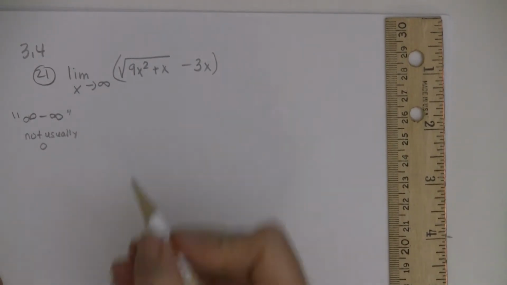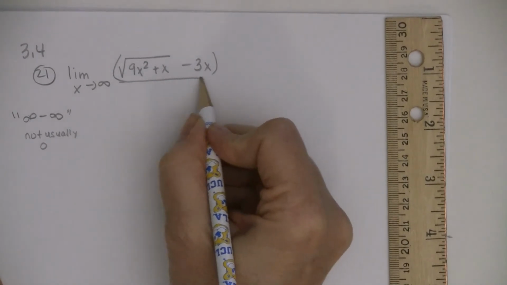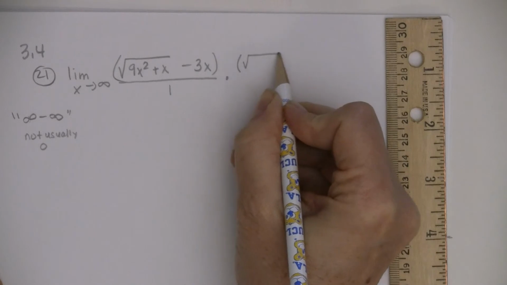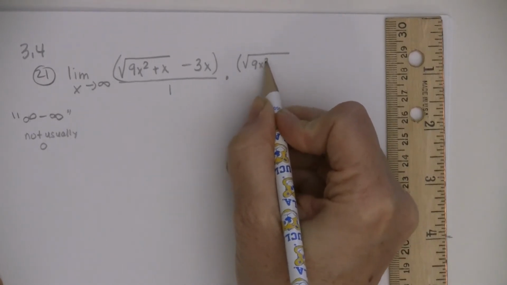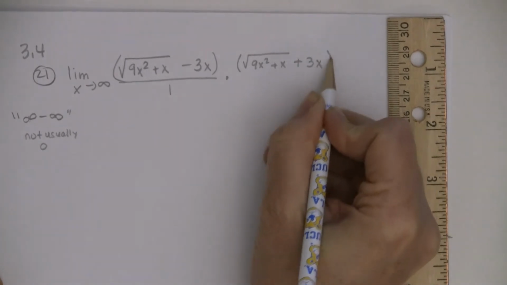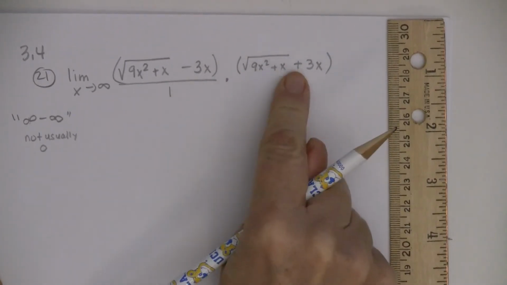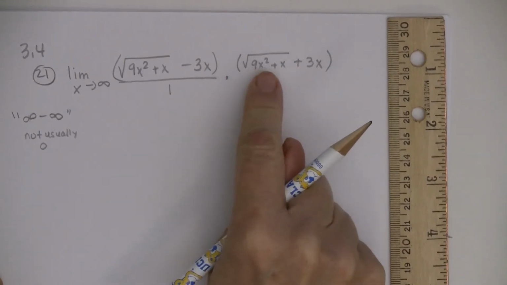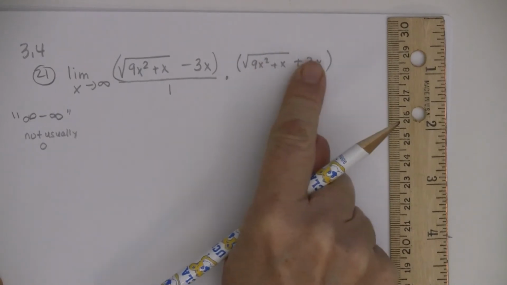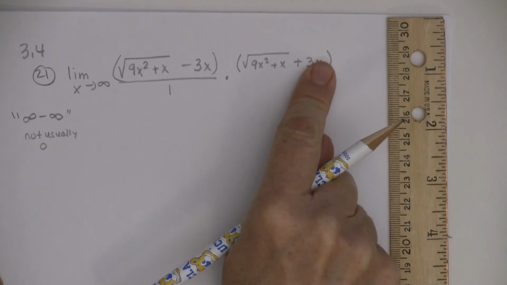So what I have to do is put this as a fraction and multiply by the conjugate. All you do is change that minus to a plus to get the conjugate. This is something that's big, going to infinity, and this is something that's big, going to infinity.